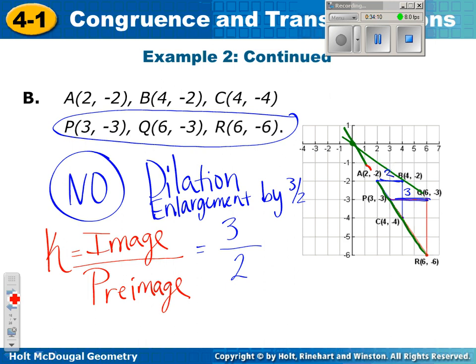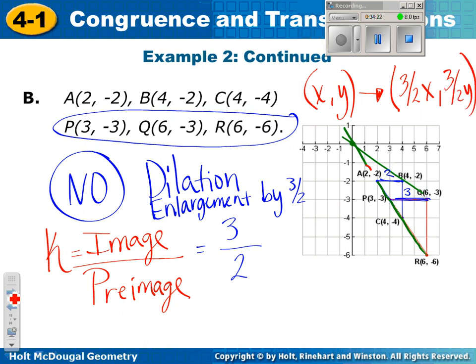Okay, and be very careful that you always start with x, comma, y, arrow, and then 3 halves x, 3 halves y. Because you're telling me to take the original points and map them onto this new point. So you're giving me the entire transformation. Okay.